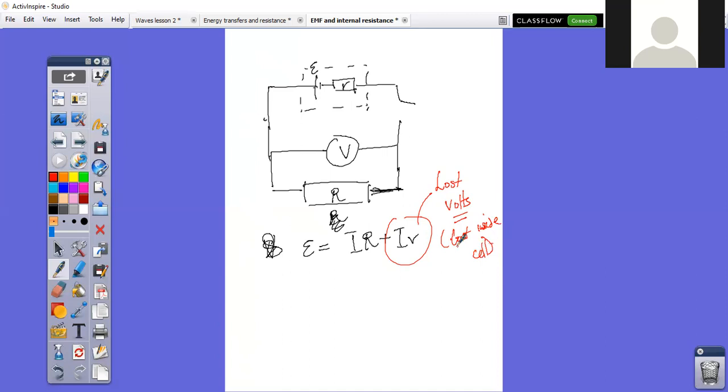Yes, sir. So what would be available in terms of energy to this resistor would be given by the term E minus Ir. This gives us available volts to R, to the external resistor.